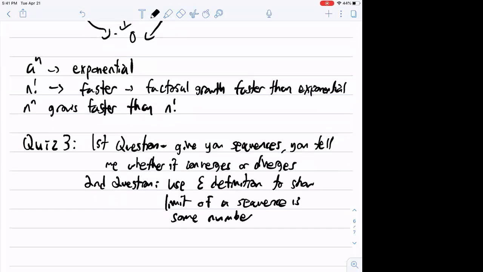Maybe show that the limit as n goes to infinity of (2n minus 1) over (3n plus 4) is equal to 2/3. So use the epsilon definition to show this.